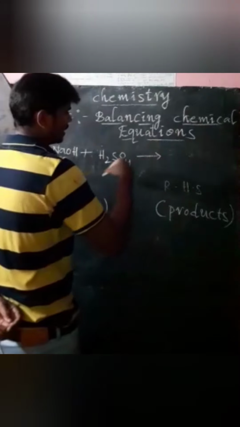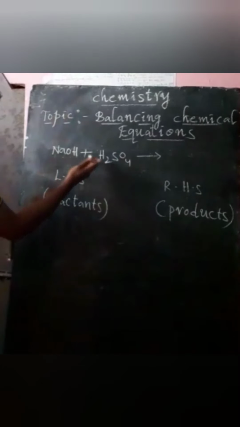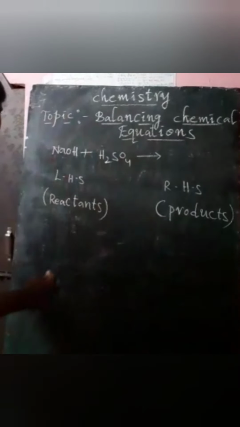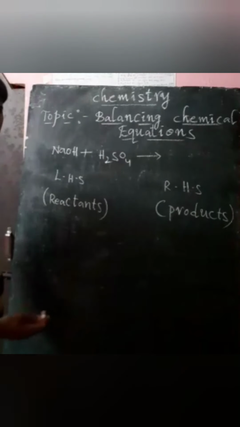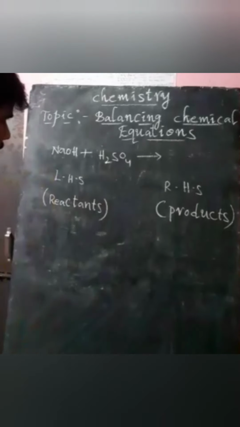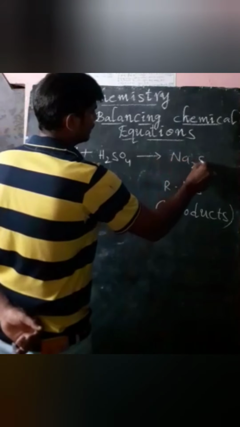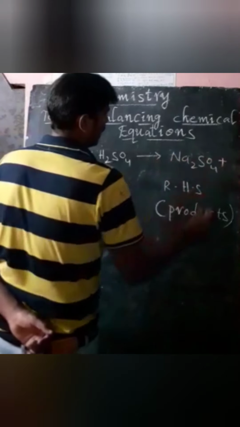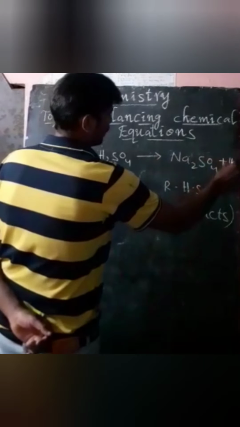A chemical reaction takes place between base and acid. So what are the products? Already in the previous class we discussed salts and water. Salt and water are formed whenever a base reacts with an acid. So here the salt is Na2SO4, sodium sulfate, and the byproduct is water.